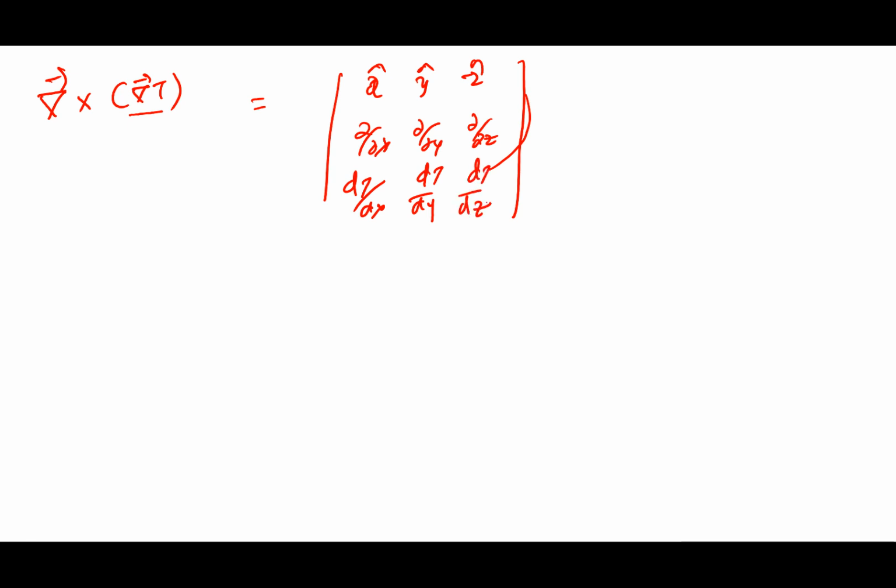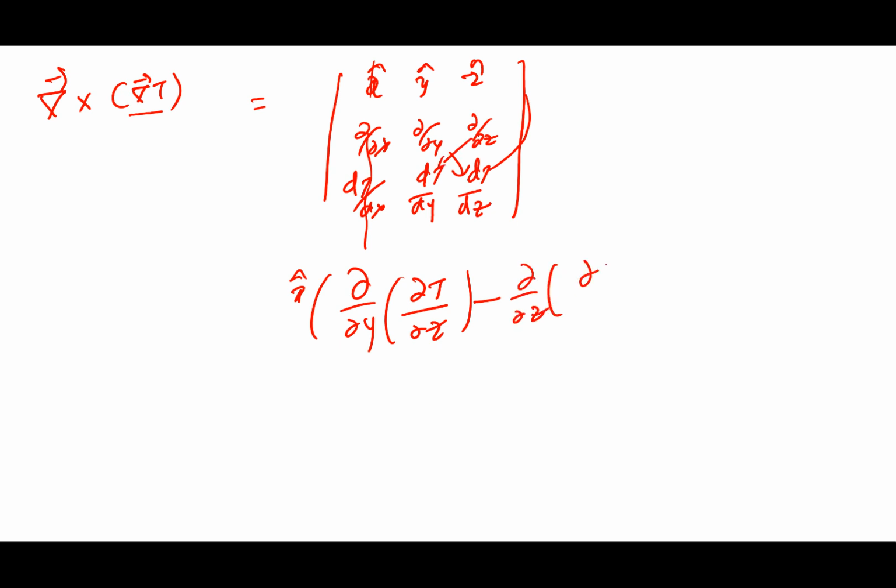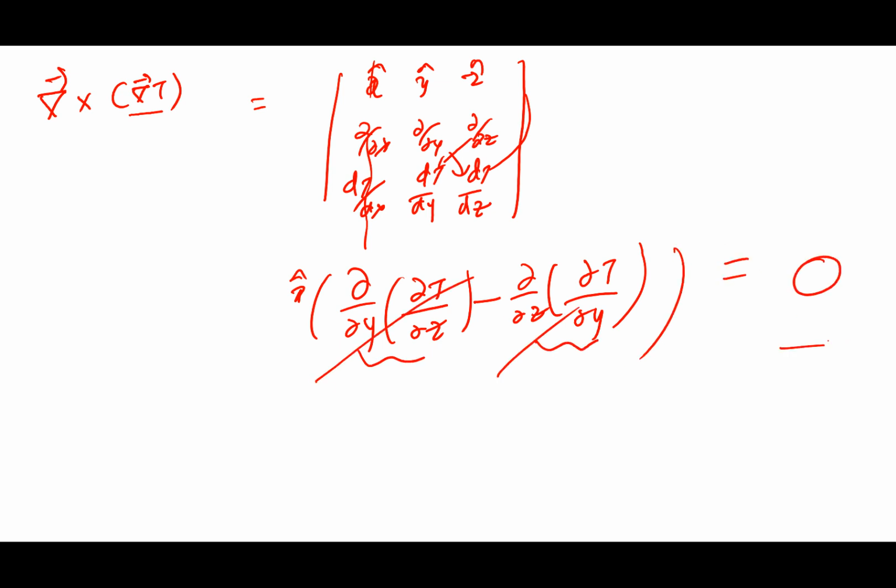We'll see it just for one component. For example, if I just look at the x component, then I would have dou by dou y of dou T by dou z minus dou by dou z of dou T by dou y. If I interchange these derivatives, these things are the same, so they cancel out, and the curl of a gradient is always 0. So that's how you show that.